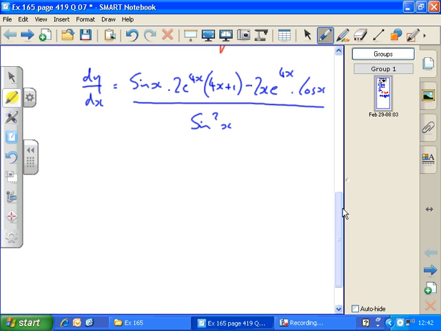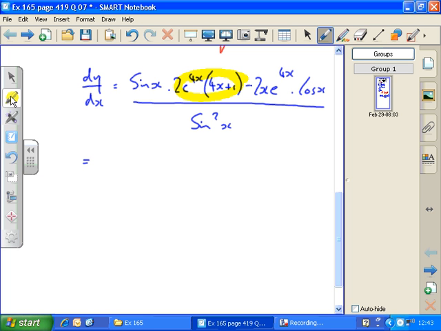The algebra involved here: I'm going to multiply out this part of the function, times by the sine x, of course, and then collect together like terms and see what we've got.